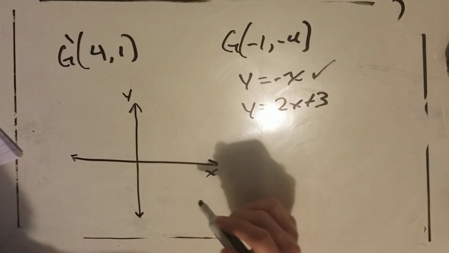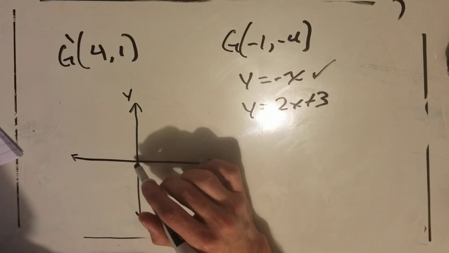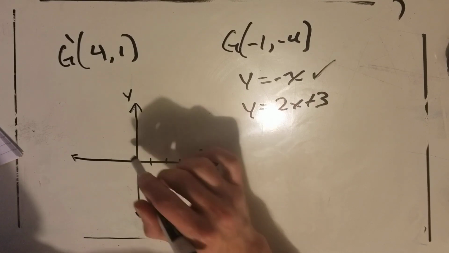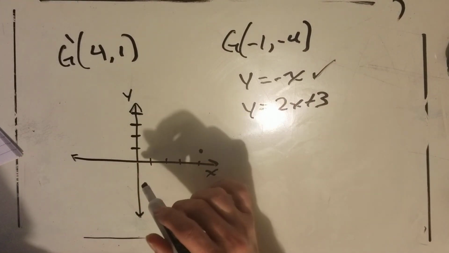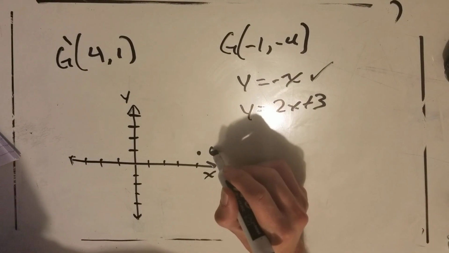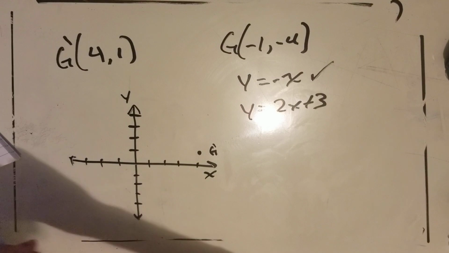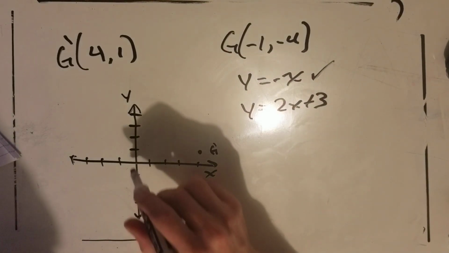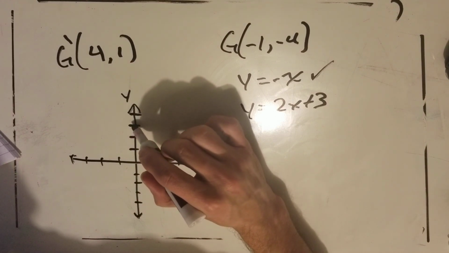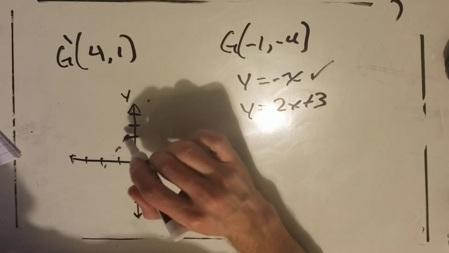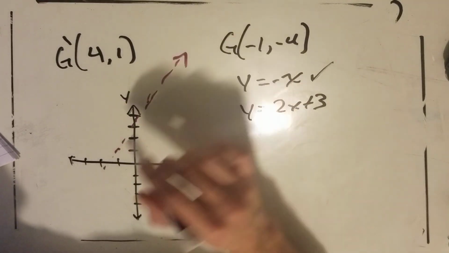G prime is at 4, 1. We're going to reflect this over the line 2x plus 3. So we're going to go here and up 1 over 2, down 1 to the left 2. We're going to reflect over this line.